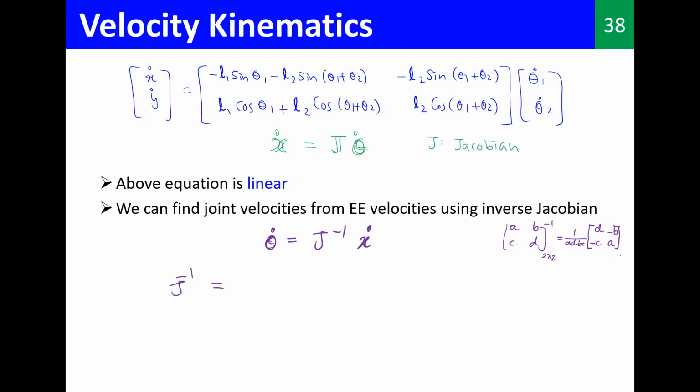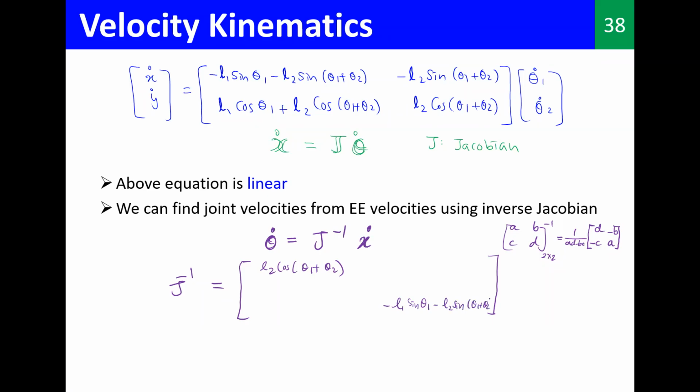For a 2 by 2, this is the equation. So if you apply that to this particular Jacobian matrix, I will interchange the diagonal elements. So L2 cos theta 1 plus theta 2 comes here, and this guy comes here, L1 sine theta.